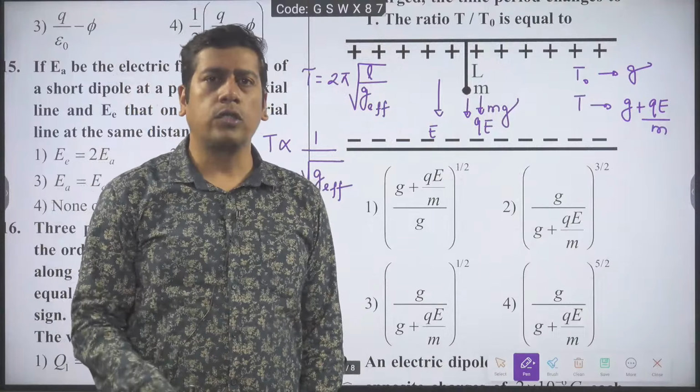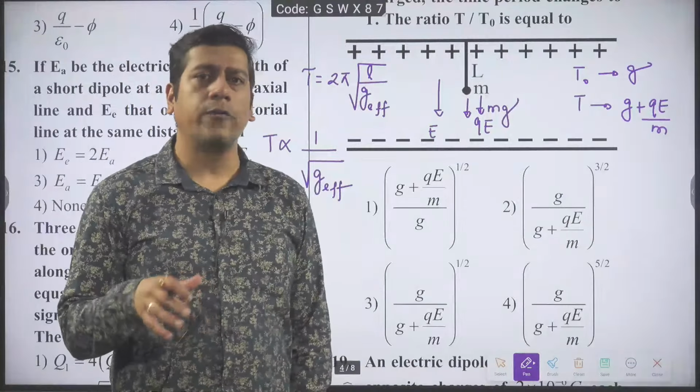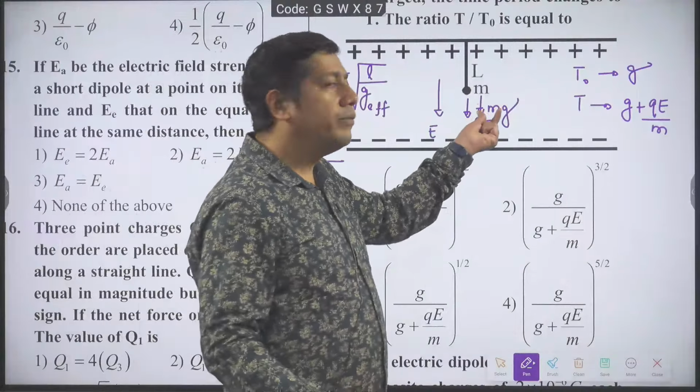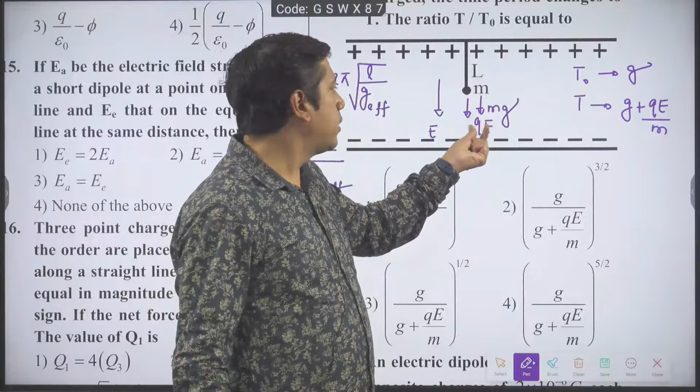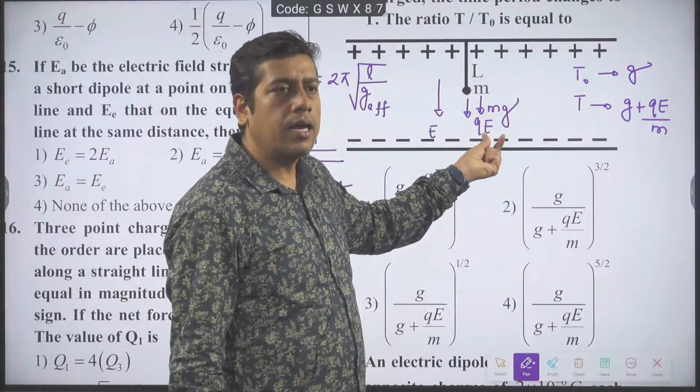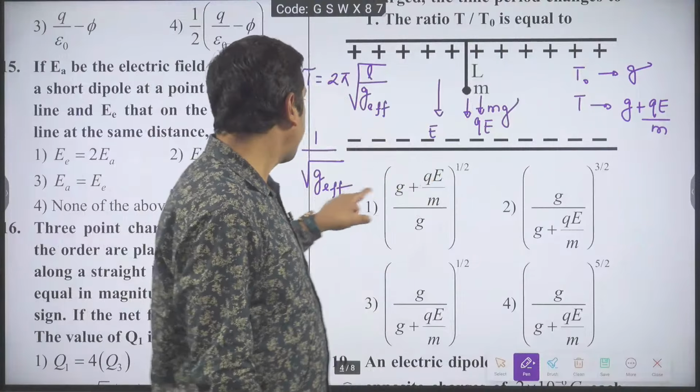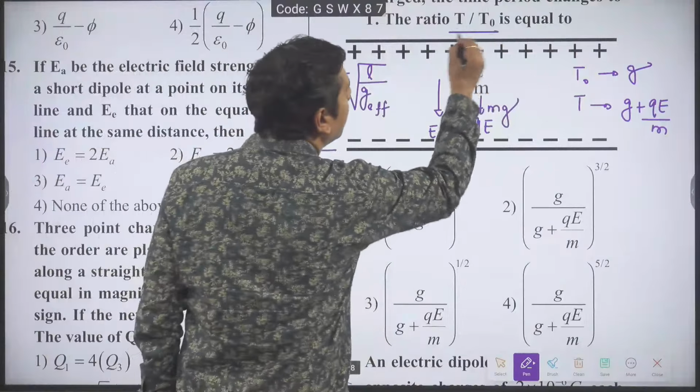The electric force and mg are in the same direction, so g effective will be mg plus QE divided by m, so it will become g plus QE by m, but inversely proportional, so they are asking T by T naught.